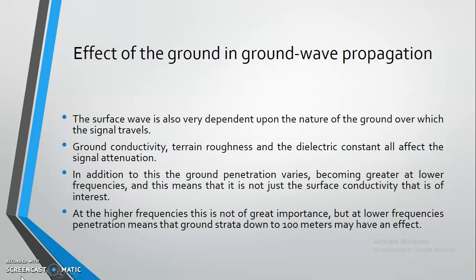At the higher frequencies, this is not of great importance, but at lower frequencies, penetration means that the ground strata down to 100 meters may have an effect. That is, basically, there is an effect for the ground in the ground wave propagation. These are the factors which determine the ground wave propagation.